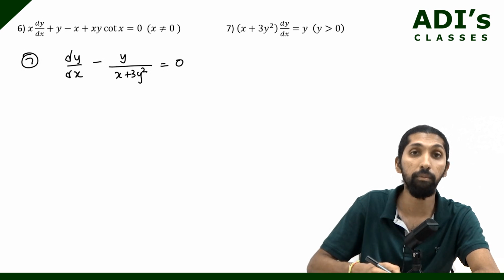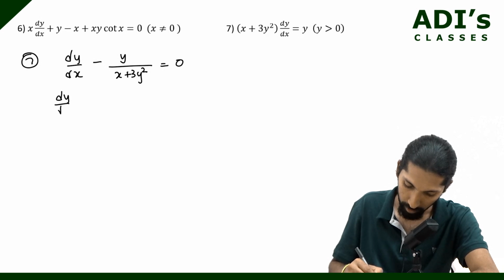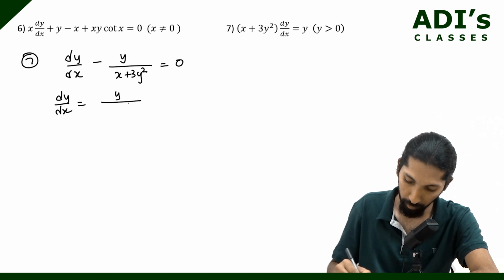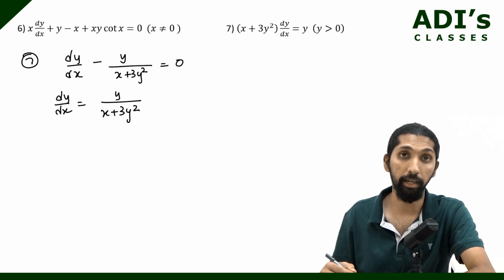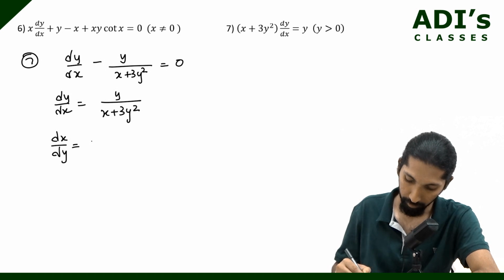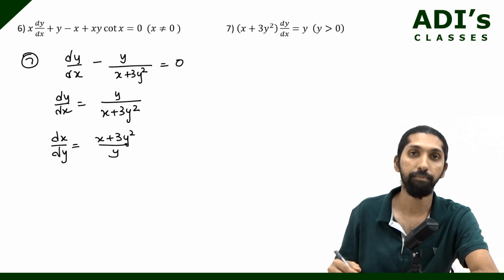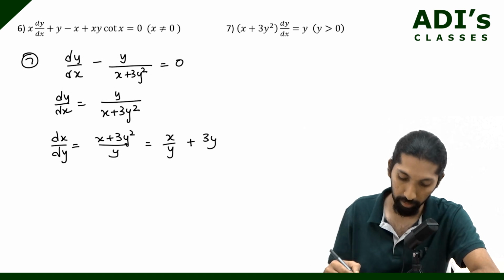Take the y divided by 3y square on the other side. dy by dx is equal to y by x plus 3y square, isn't it? Now reciprocate, that is, get dx by dy. x plus 3y square divided by y, or x by y plus 3y, isn't it?